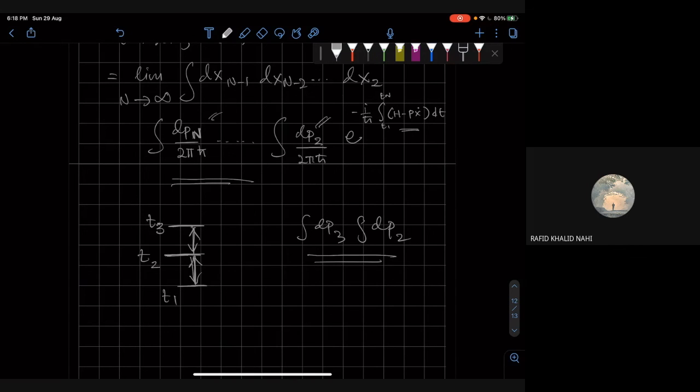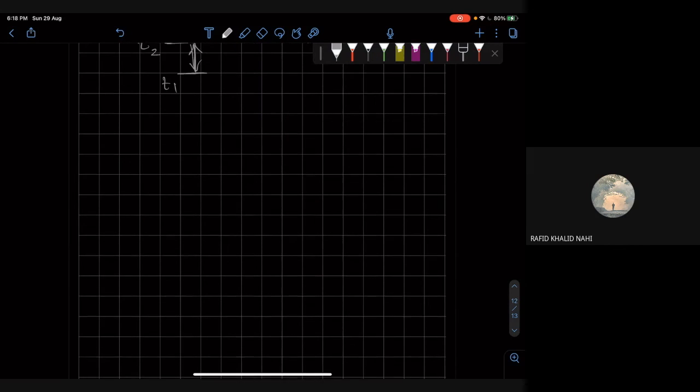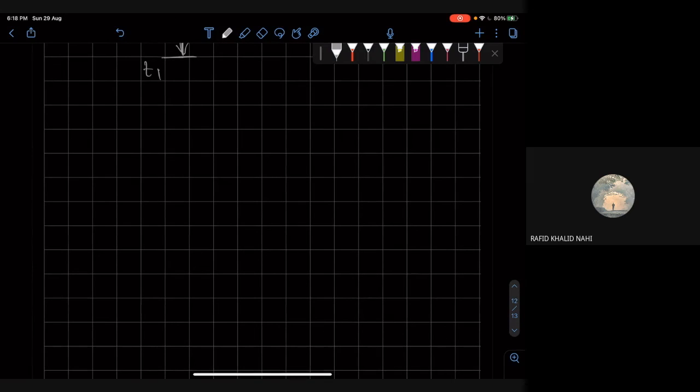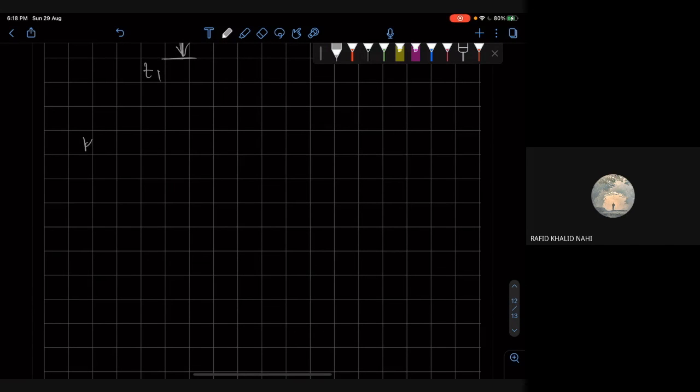So this is the expression for the path integral in phase space. This is not the expression that Feynman derived, but this is an important expression. The path integral can be expressed both in coordinate space or configuration space, as well as momentum space.